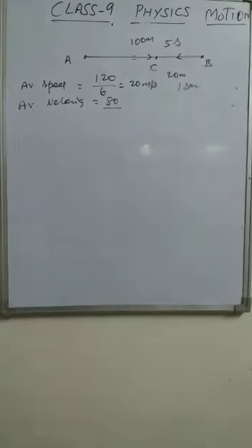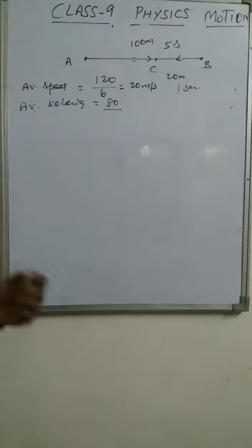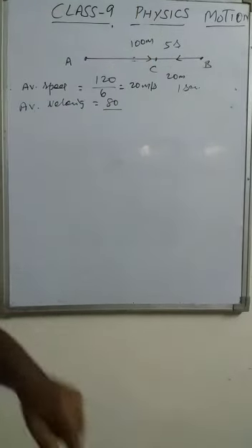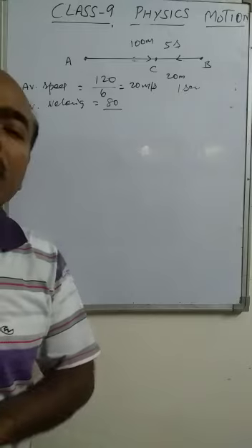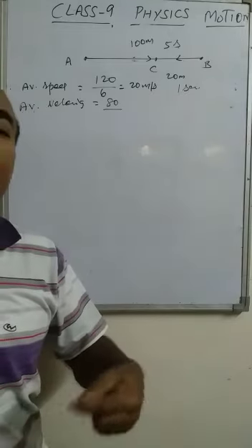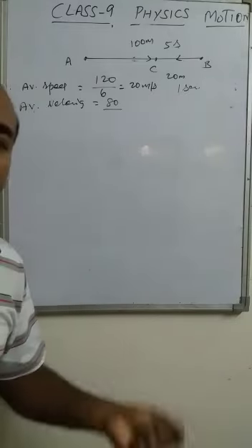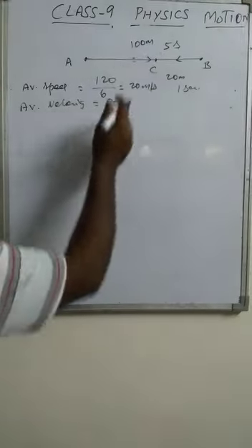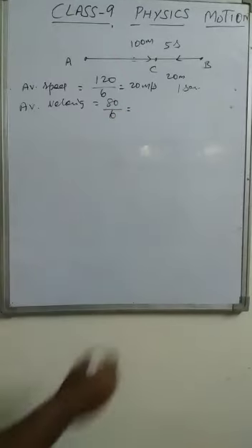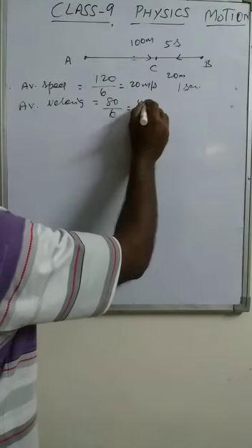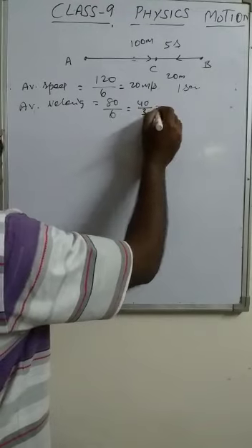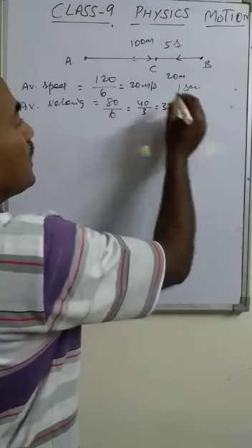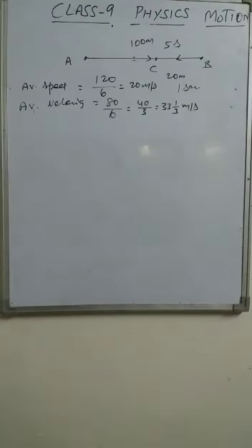That is the displacement from A to C. And the total time is A to B plus B to C, because time does not have any direction, it should always be added. As the object is moving, the time will be added again and again. So here the total time is 6 seconds. Here you can calculate. It is 80 upon 6, that is 40 upon 3. Now you can calculate. It is 13 1 by 3 meter per second. This is the average velocity. This is one kind of example.